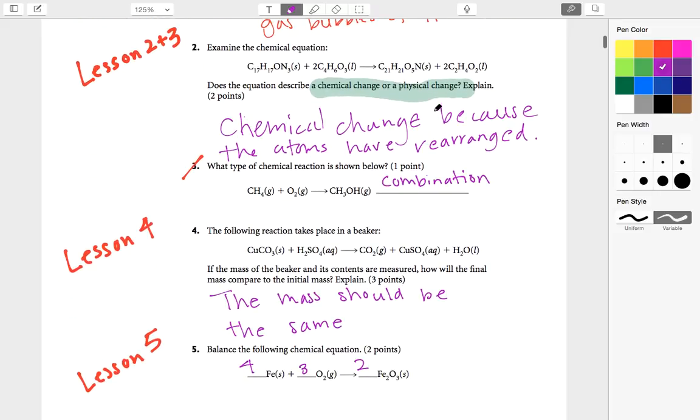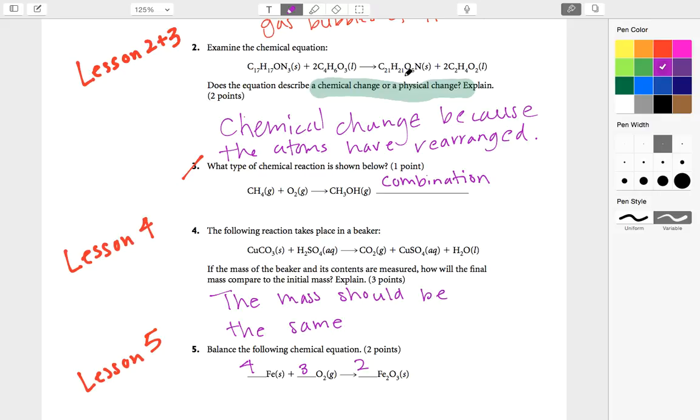All right, so question number 2 says, examine this chemical equation. And then, does the equation describe a chemical change or a physical change?